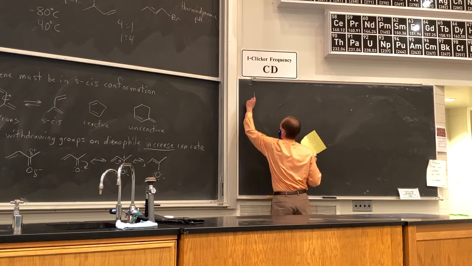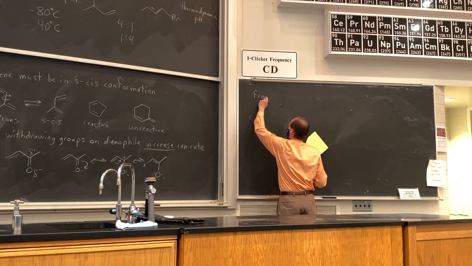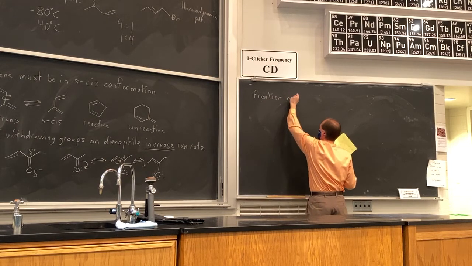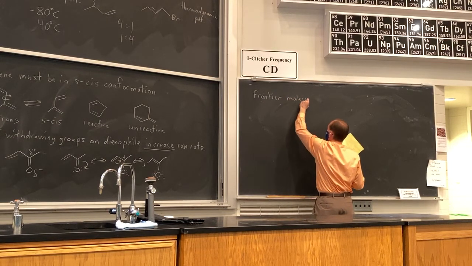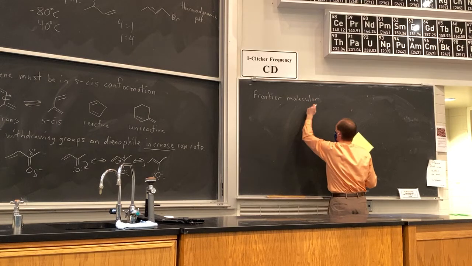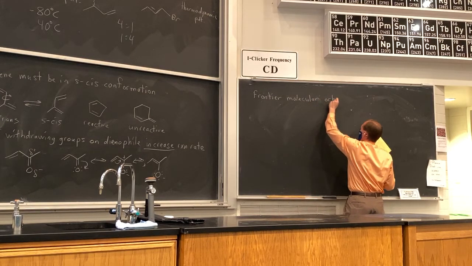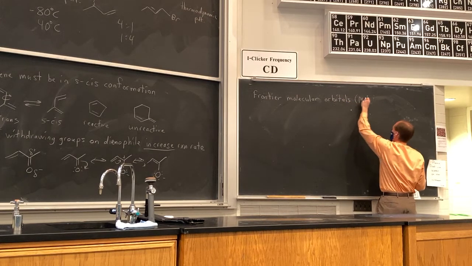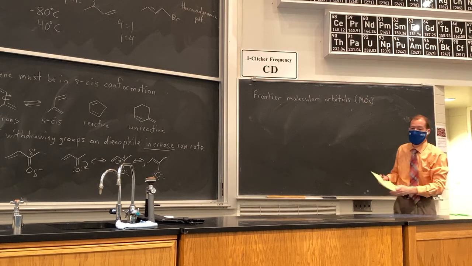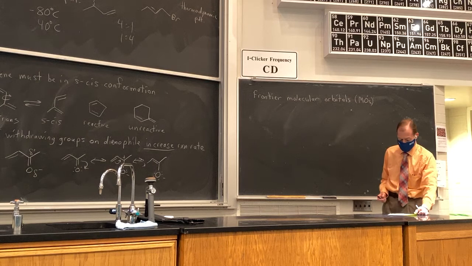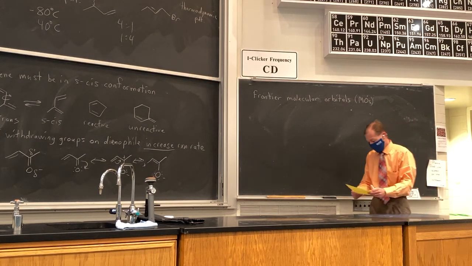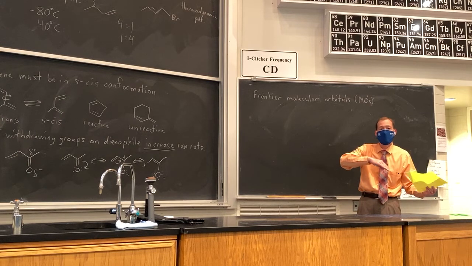So we have to consider the frontier molecular orbitals, okay? And I'll explain what we mean by frontier molecular orbitals in a minute. Frontier molecular orbitals, or MOs. MOs is our abbreviation that we typically use for molecular orbitals. So we have molecular orbitals that are occupied.